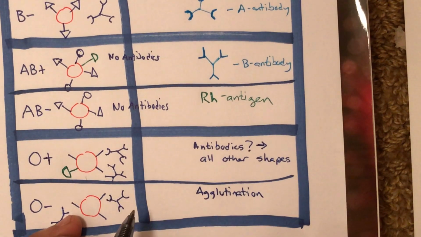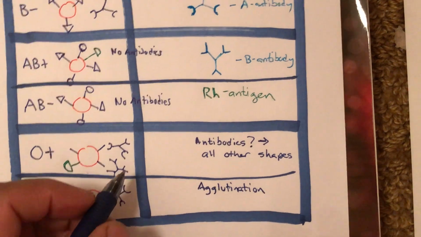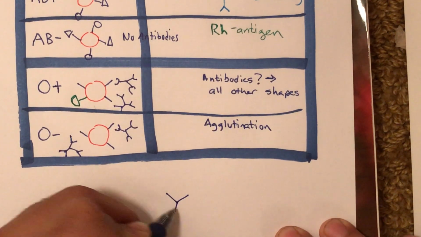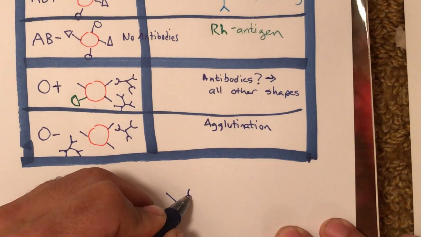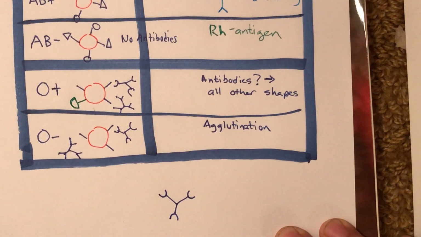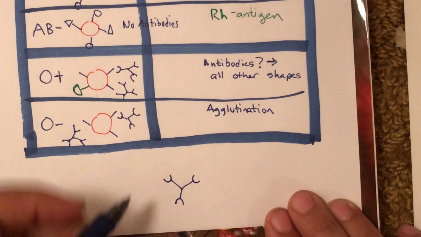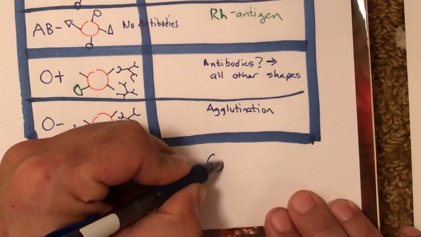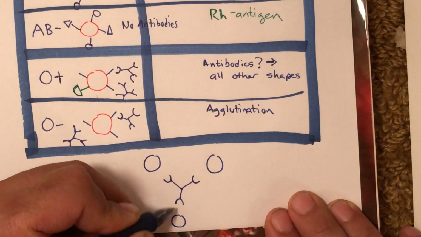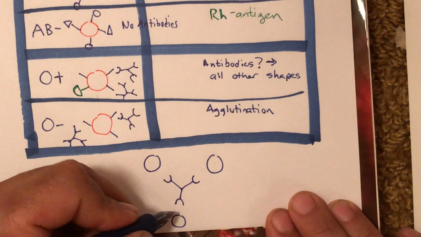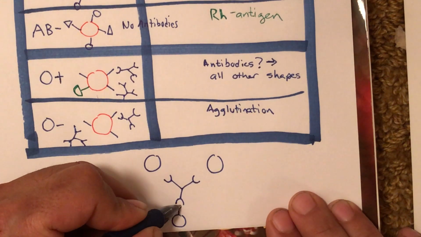That's called agglutination. And if we are to draw a picture, let's say down here, this is an A antibody. What can this thing do? If you have a red blood cell here, a red blood cell here, and here, this antibody can bind up to 3 red blood cells.